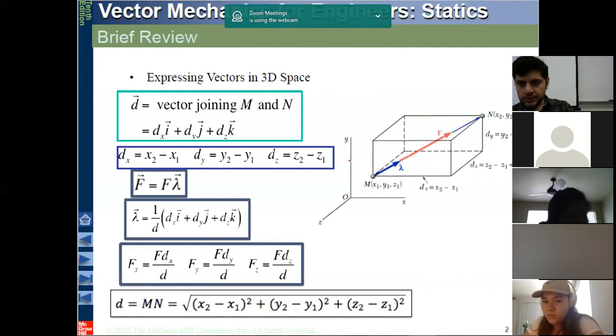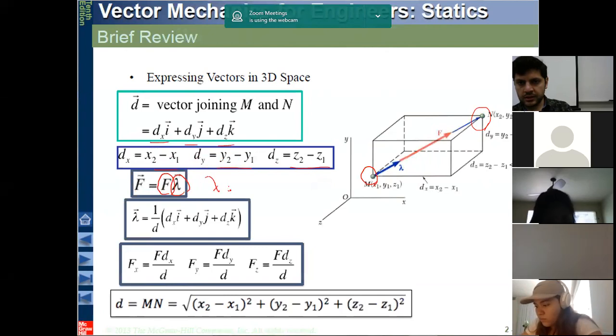So the direction comes from the geometry. You pick 2 points on the line of action, M and N, and you calculate the displacement vector. So dx, dy, dz are equal to these formulas here. And then the vector could be represented by the magnitude of the force and the unit vector.